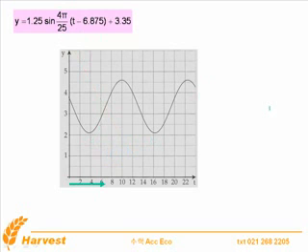And this is horizontal translation, which is negative of negative 6.875. So if we see a negative here in front of the figures, then the curve shifts to the right side.